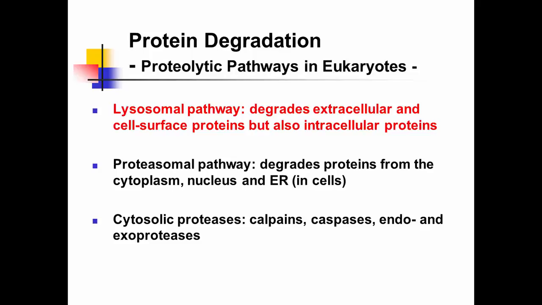So first of all, they need to be taken up into the cells and then degraded by lysosome pathways. And also some cell surface proteins like surface receptors. Remember we talked about LDL receptors, right? And some other cell surface receptors are also degraded by lysosome pathways.